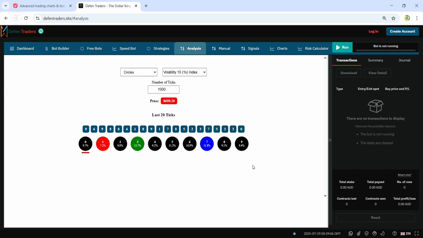Now, this contract is strict on a yes or no proposition, whereby if the contract exit digit, or the winning digit, is not even and it becomes odd, yet you had picked even as your choice, you make a loss.